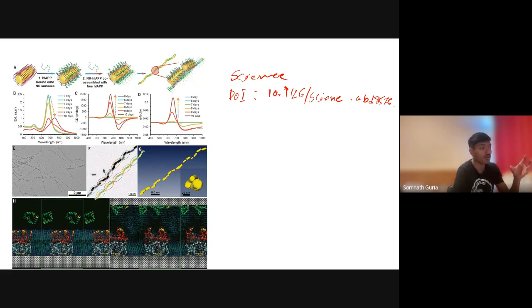Till then, they have found a different CD spectrum of that solution, because the peptide actually interacts and binds onto the surface of the nanoparticle. Now they add an excess amount of peptide into that system and record the CD spectra.